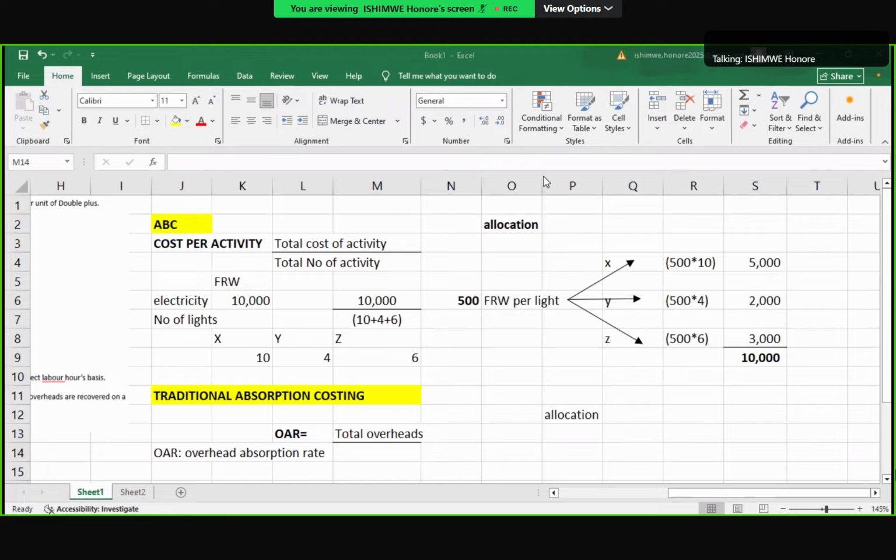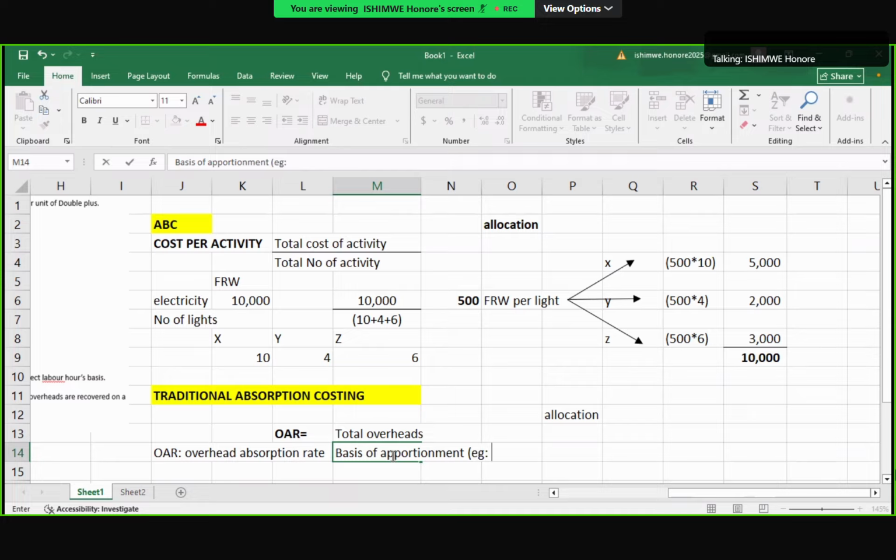So now that is the overheads. Then you divide by the labor hours. Okay, let me not say labor hours. Let me say basis of apportionment. So what relates to those overheads means the total of those bases. Let's say we can say now labor hours. This is an example.